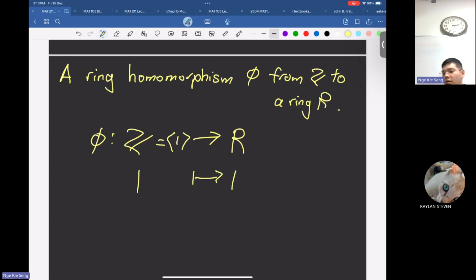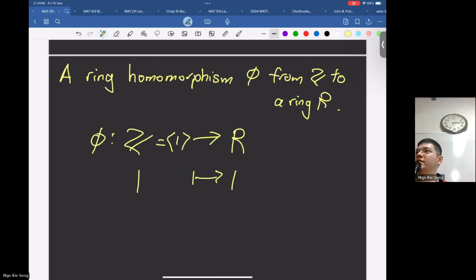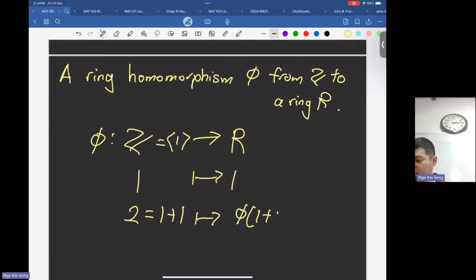So how do you define it for 2, 3, 4, 5, 6, 7, 8, 9, 10? How to define it for 2, for example? 2 is equal to 1 plus 1. But phi of 1 plus 1 equals what? Phi of 1 plus phi of 1.